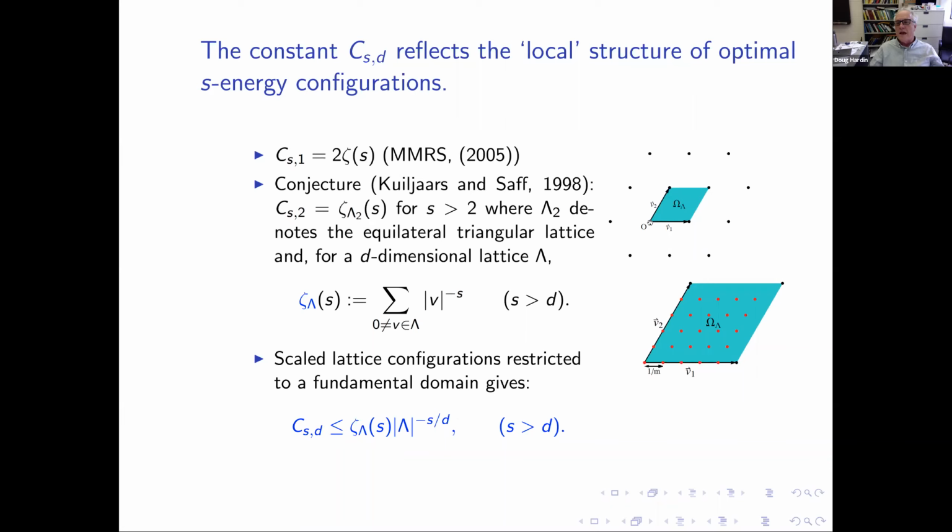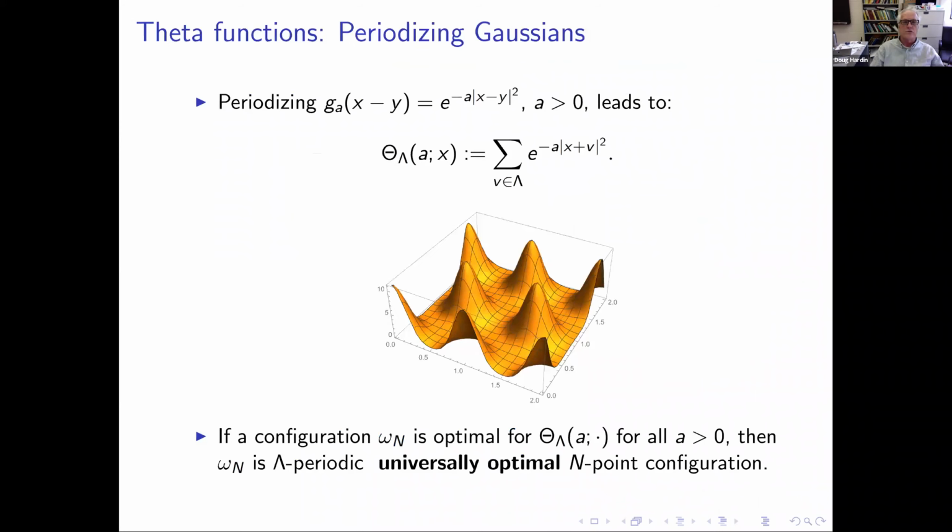When we pick the equilateral lattice, this is lambda 2. In this case, you could take V1 to be the unit vector (1, 0), and V2 to be (1/2, square root of 3 over 2). This generates the equilateral triangular lattice, which, well, we'll see, has important conjectures.